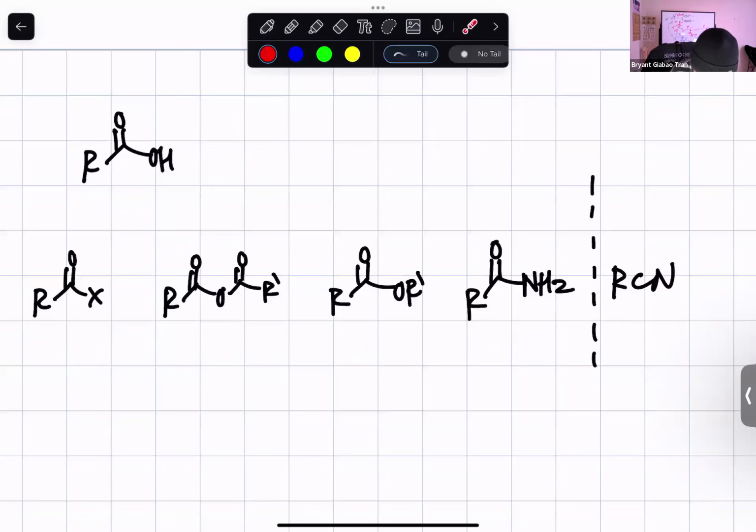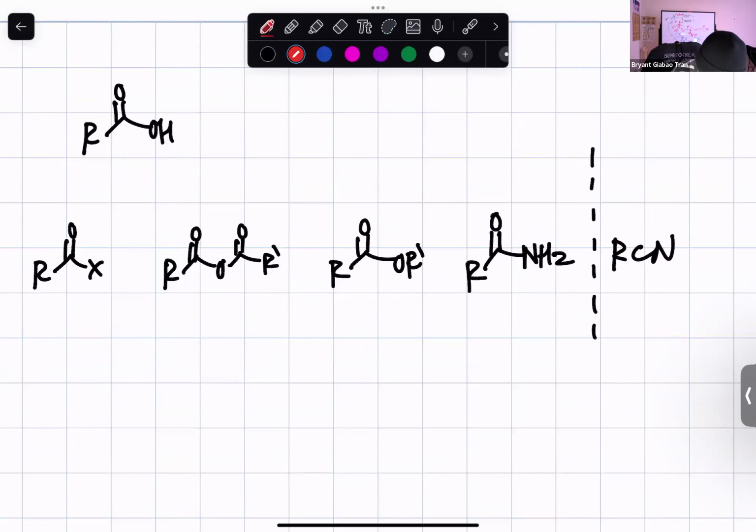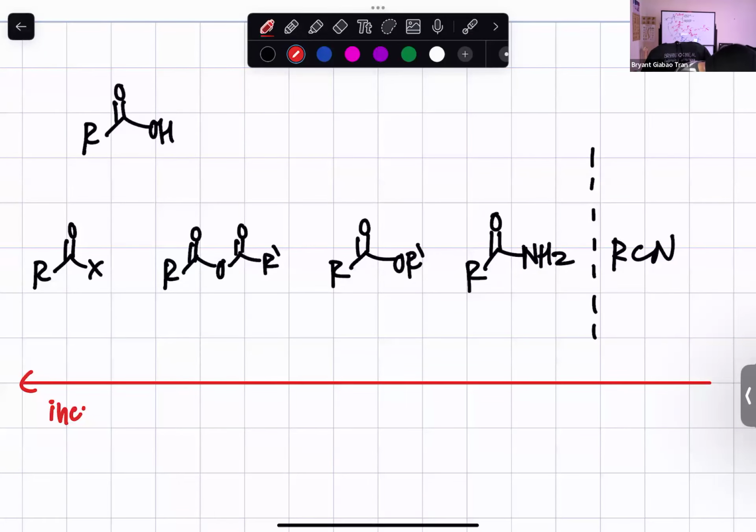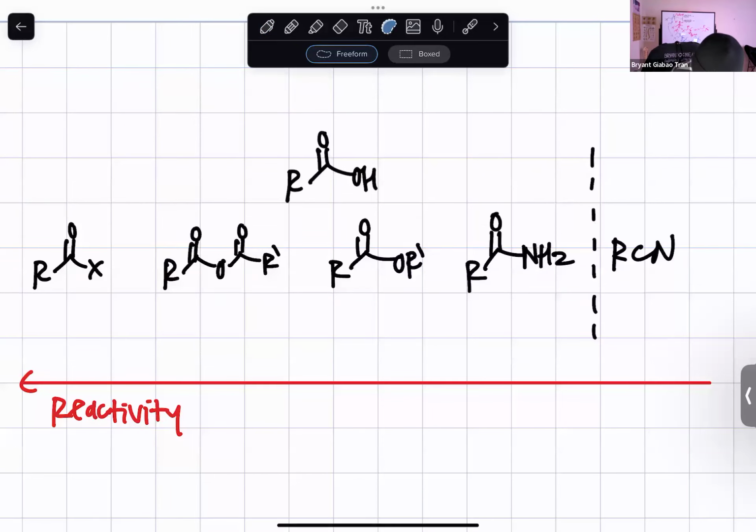I put it in this specific order because the most reactive derivative is going to be increasing from right to left. Let me put the carboxylic acid in between the anhydride and ester.